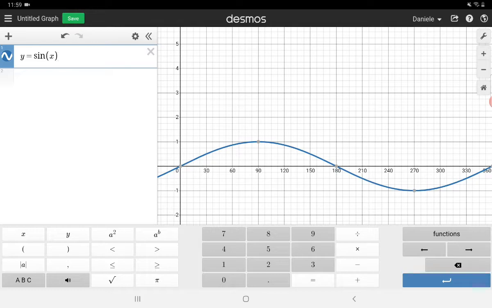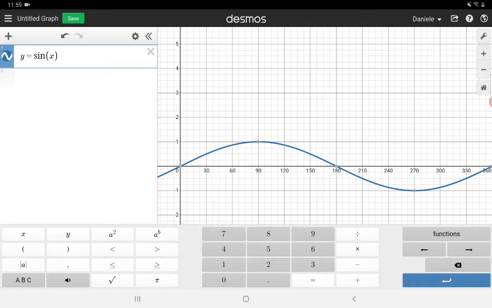Now I want you to think about this. When you have sine of 2 times x, let's say in the base function we were finding the sine of 90, which would be 1. Now when you plug in x of 90, you're multiplying it by 2 first. So you're actually doing the sine of 2 times 90, which becomes 180.